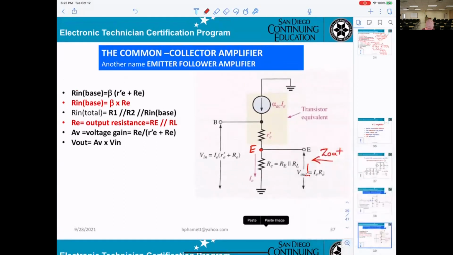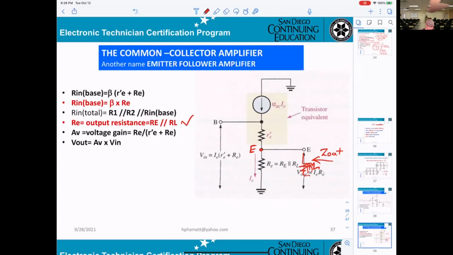Then how much resistance can you get? Looking in, you get RL, the load resistance, and here RE. So basically RE and RL in parallel. So output resistance is R big E parallel RL.